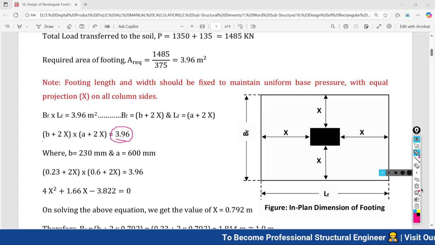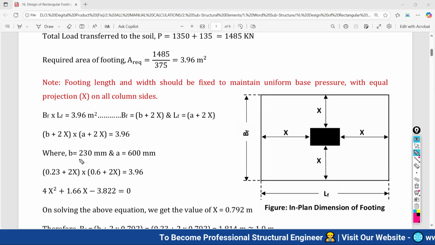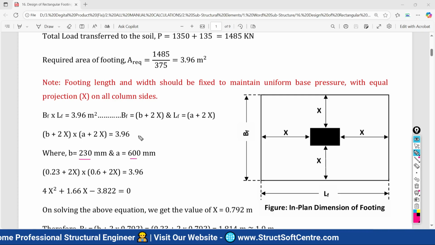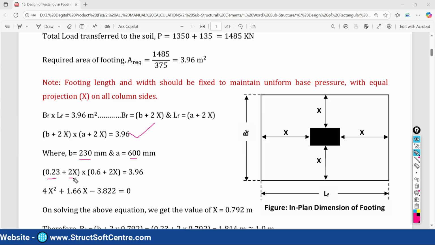Here we know the width of the column is 230 mm and the depth of the column is 600 mm. Now put these two values in this formula, but the values should be in meters. So (0.23 plus 2x) multiplied by (0.6 plus 2x) equals 3.96.